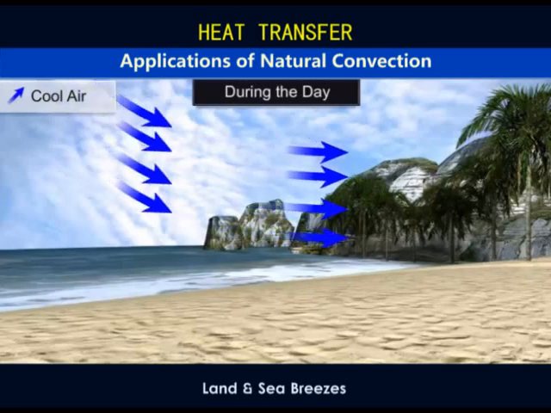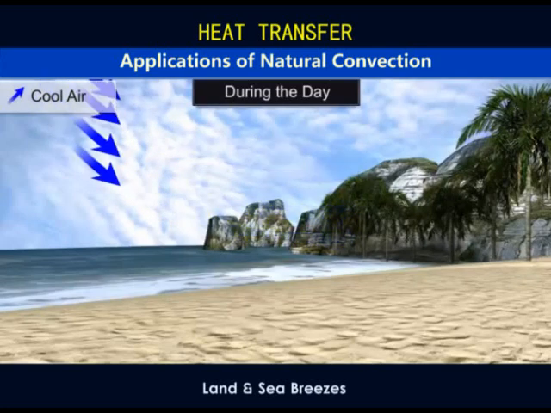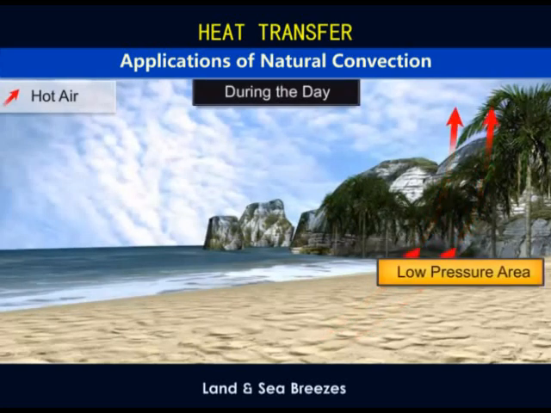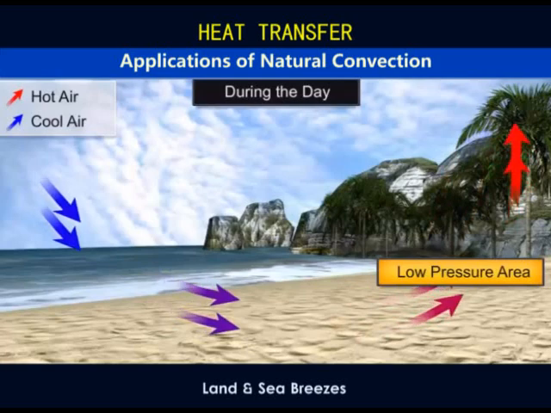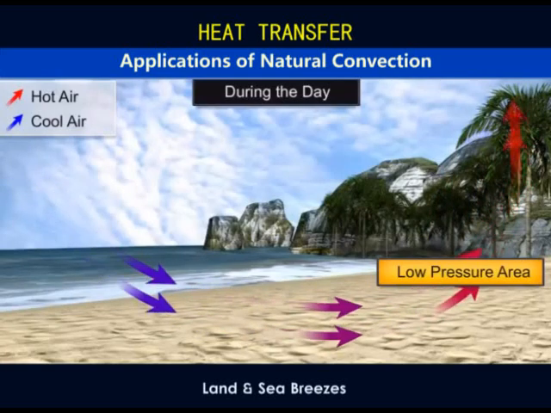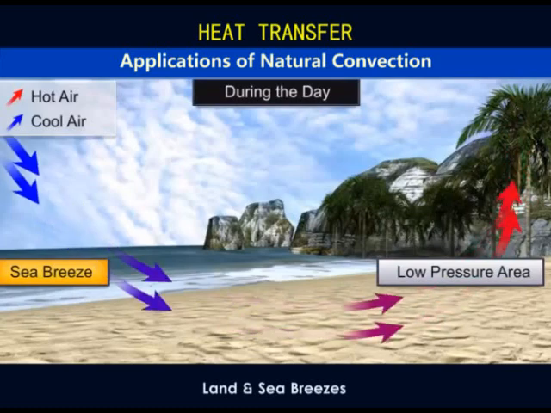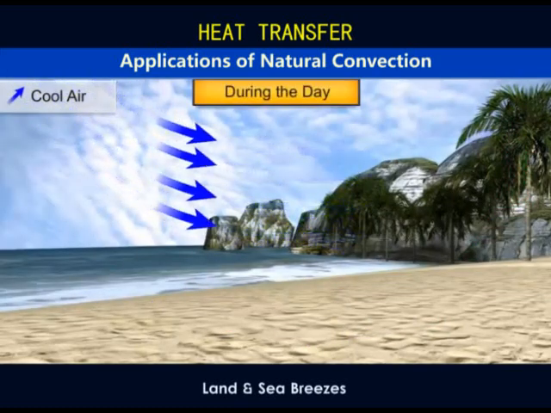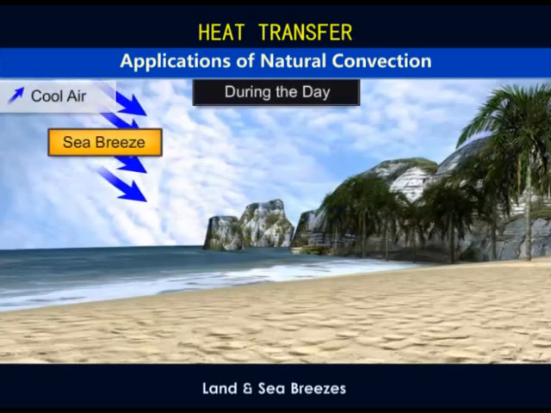As a result, the air above the land gets heated, expands, becomes lighter, and rises, creating a low pressure area. The air above the seawater is drawn to the land to replace the rising air. This onshore airflow forms the sea breeze, which feels like a nice cold wind blowing onto the hot land.